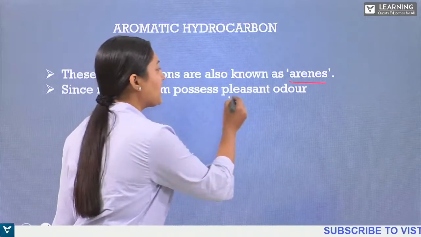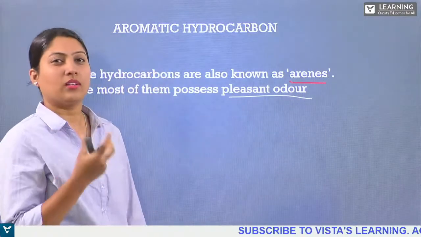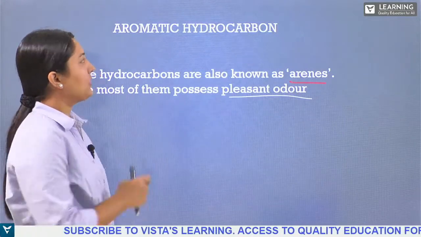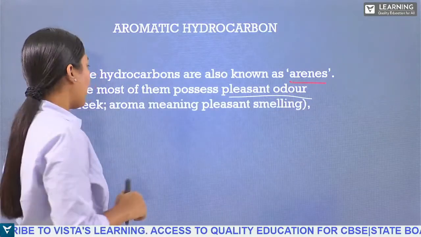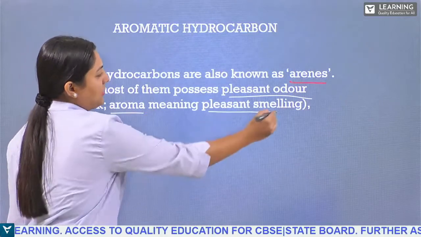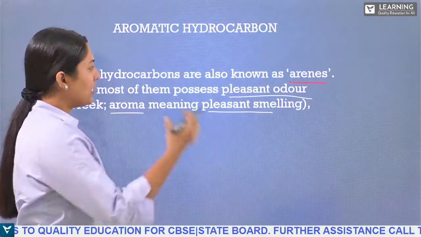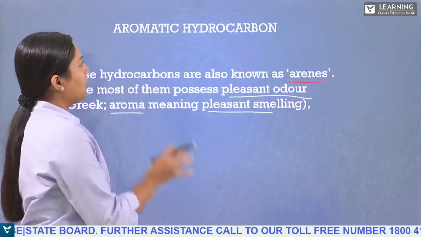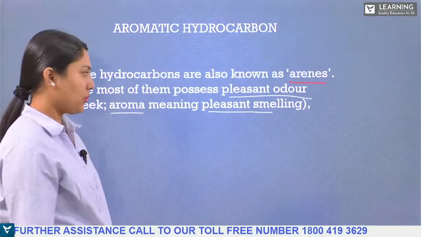These have a pleasant smell. The odor means smell, and the smell of these is very good, so we call them aromatic. Aroma means pleasant smell, so these give you a pleasant smell and hence those compounds are called aromatic hydrocarbons.